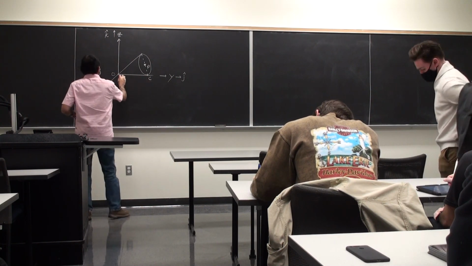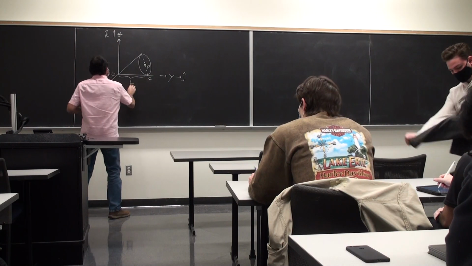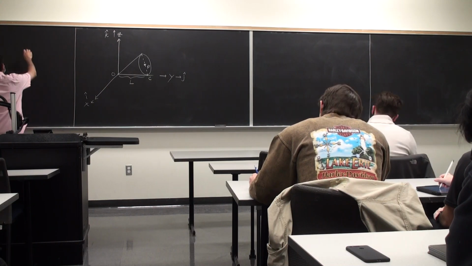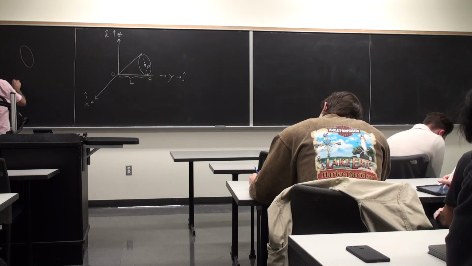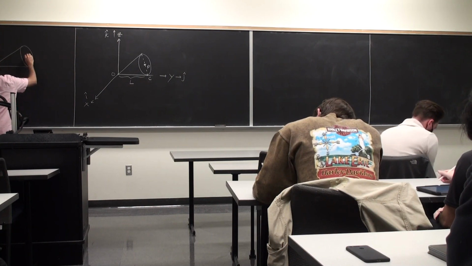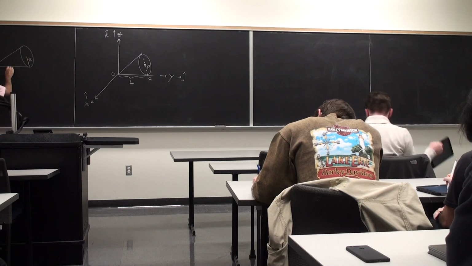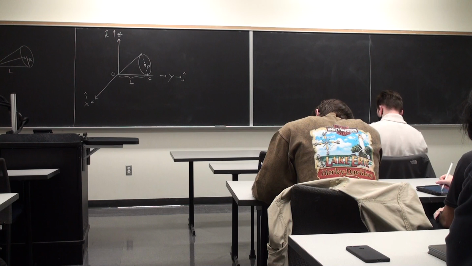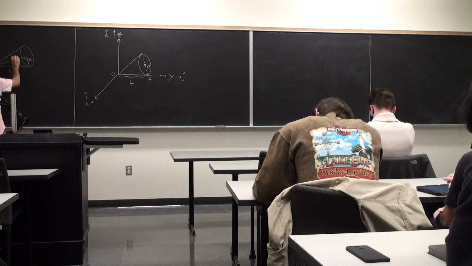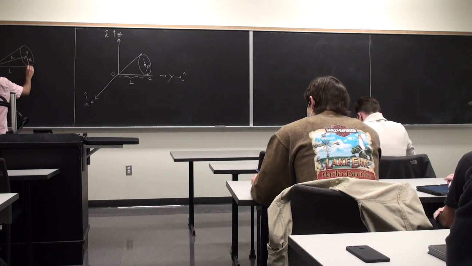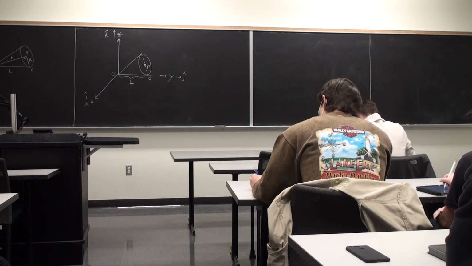This length is capital L. Then the base radius is R. I'm going to draw that figure here. And I'm going to call the distance from point O to point P as h. So this is h, this is O, this is P, this is C.